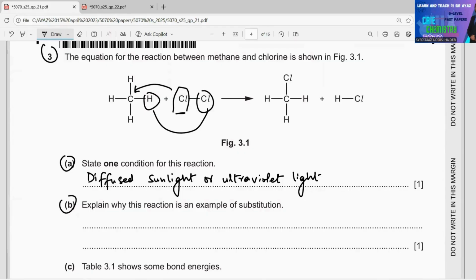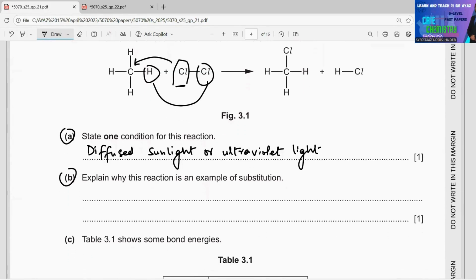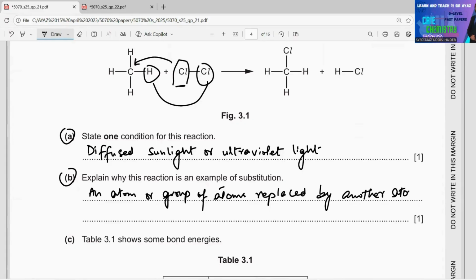So this kind of reaction is one in which an atom or group of atoms is replaced by another atom or group of atoms.